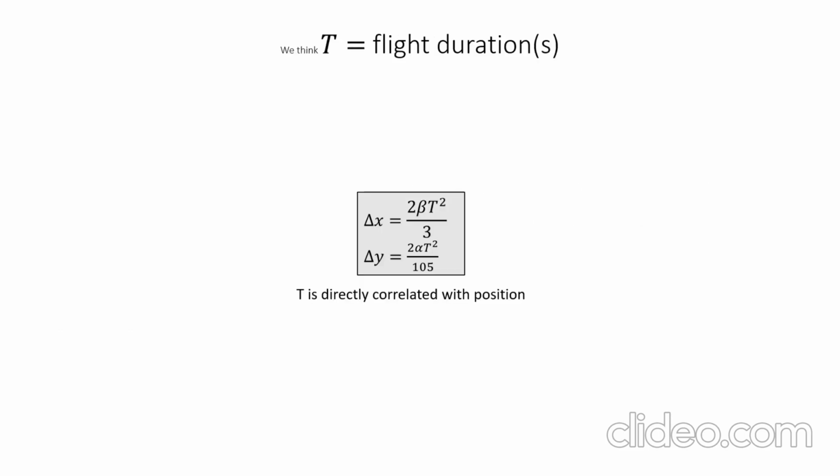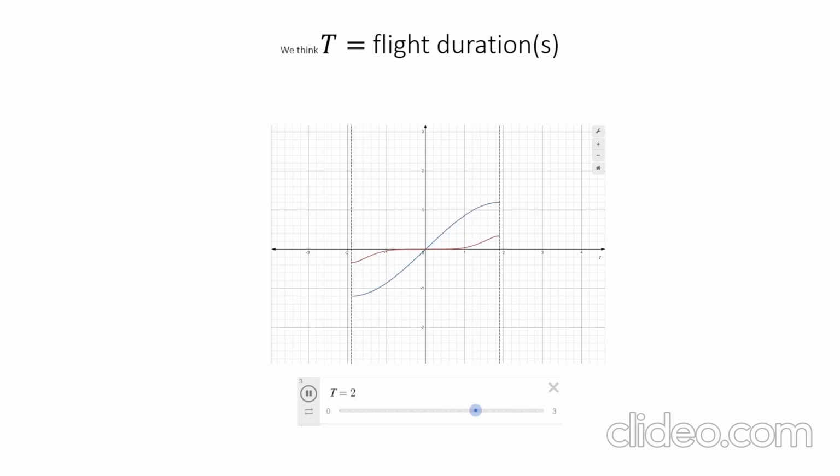We believe capital T to be referencing the flight duration of the helicopter. This makes sense for our answer for position because having a bigger T means the helicopter can travel more distance. The motion graphs also have a larger time domain when T increases.